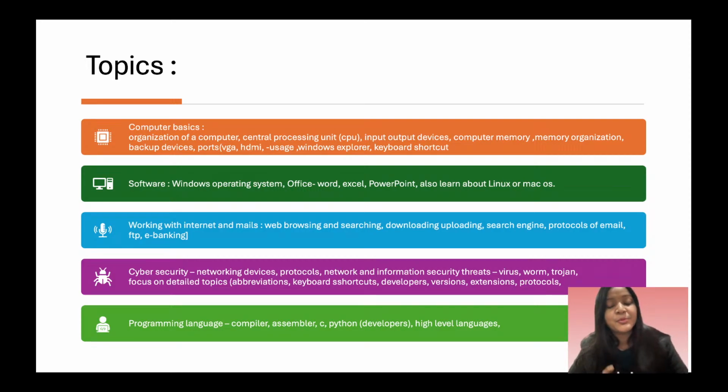Downloading, uploading, a topic of your syllabus. In downloading, uploading, you need to know what the protocols related to downloading, uploading are. What are the internet protocols? It's FTP for uploading, right? FTP is a protocol. So you need to know things in detail like this.